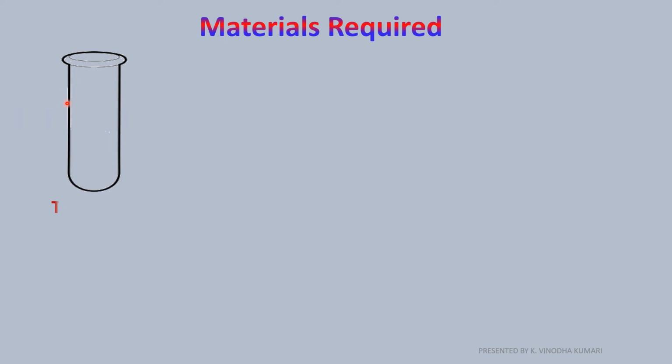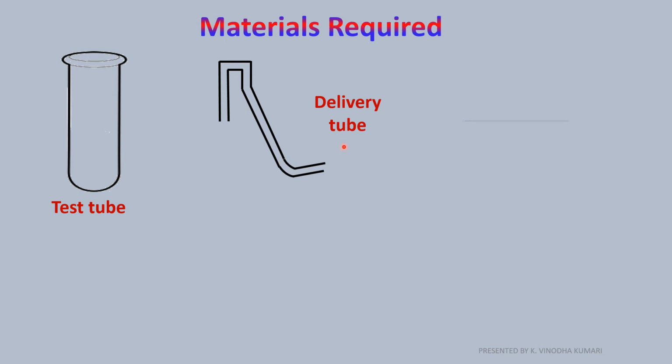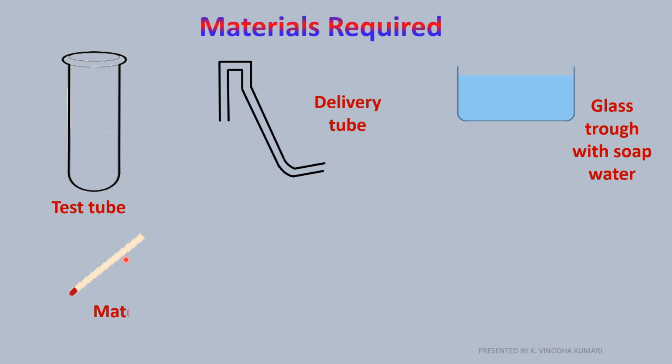Now let us look at the materials which we are going to use for the lab activity. The first one is the test tube, and this is the delivery tube. This is a glass trough containing soap water. This is the matchstick.